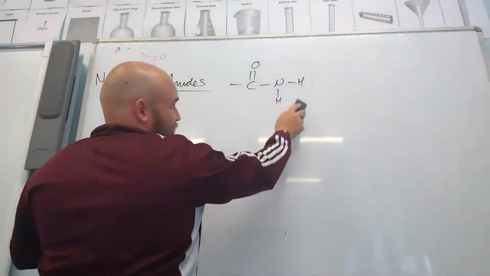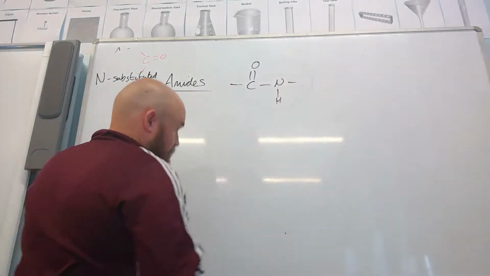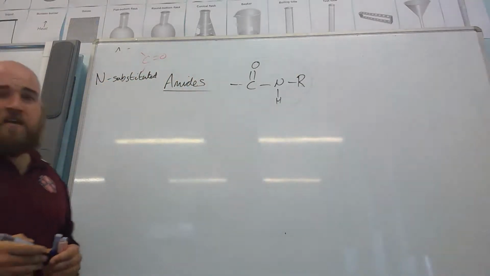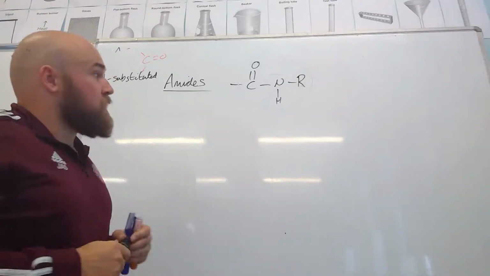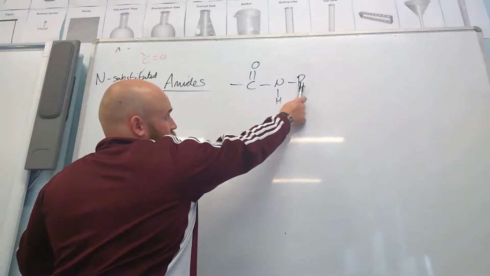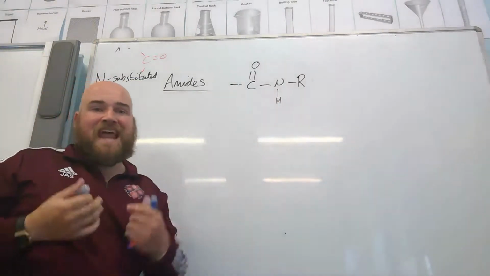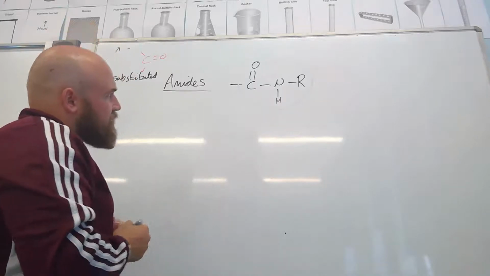All right, that's an amide. An N-substituted amide is that. I've swapped a hydrogen from the amide group with an alkyl group. So an R group is an alkyl group: methyl, ethyl, propyl, etc.